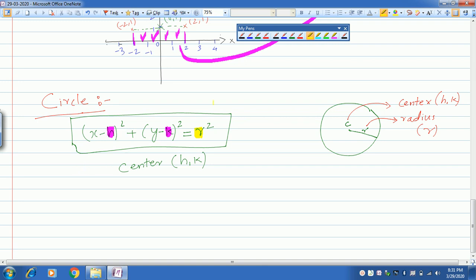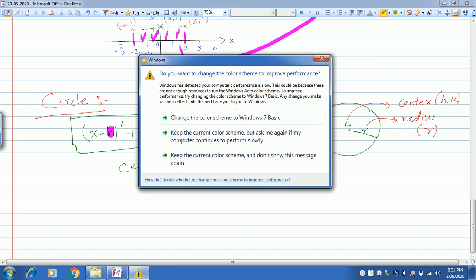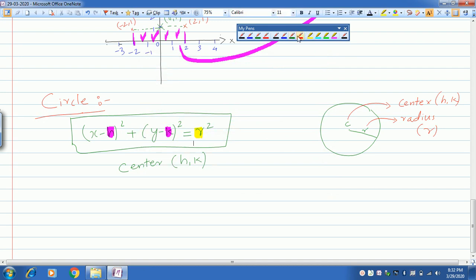Now we are going to see the first problem regarding this. Determine the center and radius of this circle.